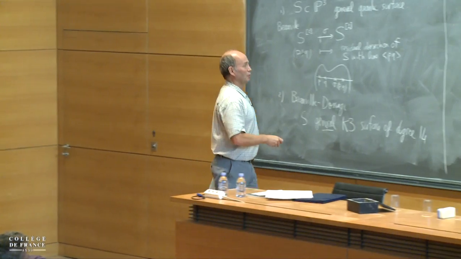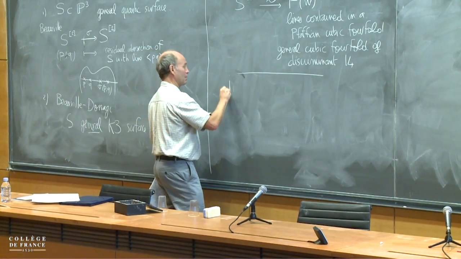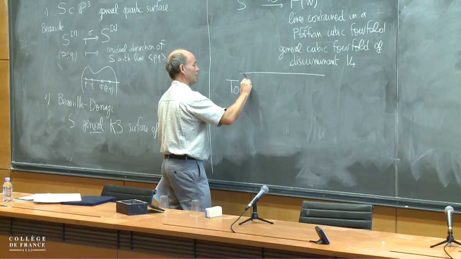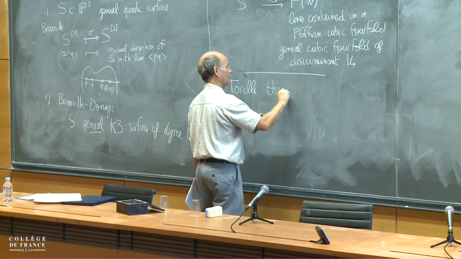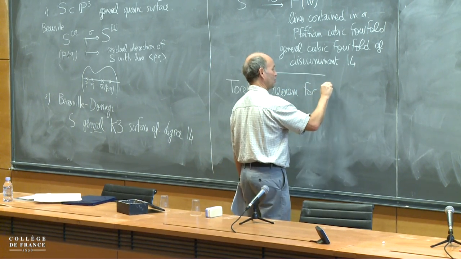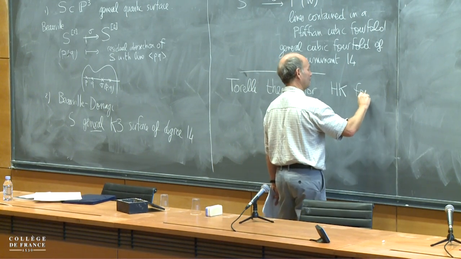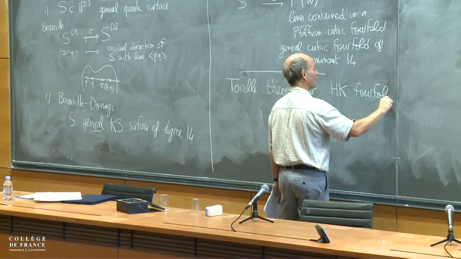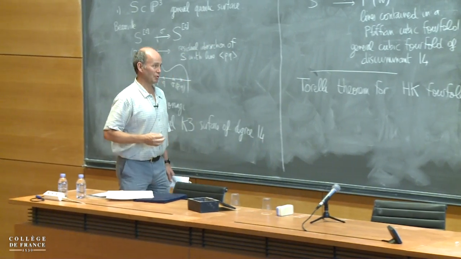And so the main tool for producing these isomorphisms is a Torelli theorem for Hyperkähler fourfolds, which are deformations of Hilbert squares of K3 surfaces.